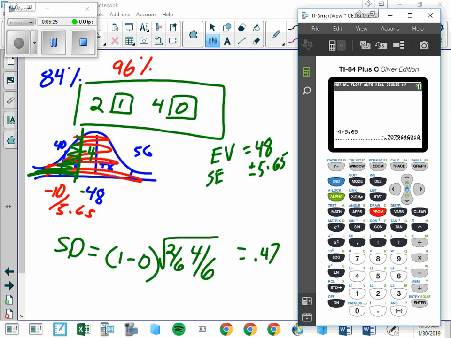So clear out the draws and then do a new shade norm. And we'll go from -infinity to -0.7. And I get an area of 24%.